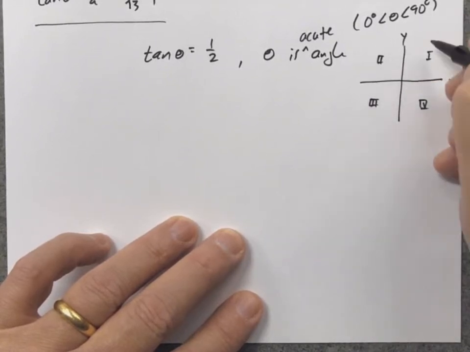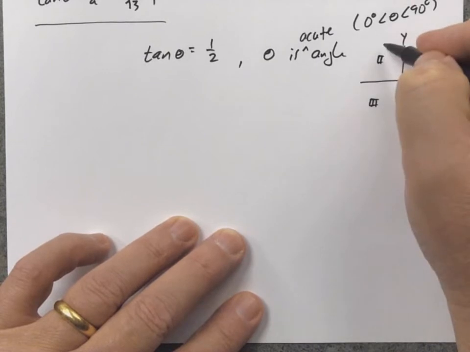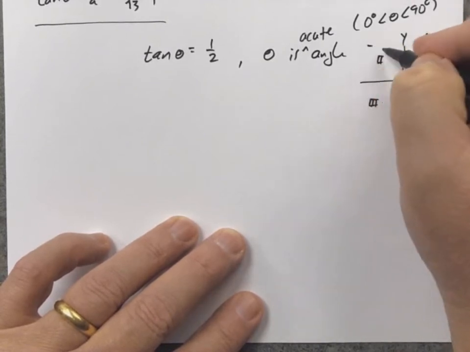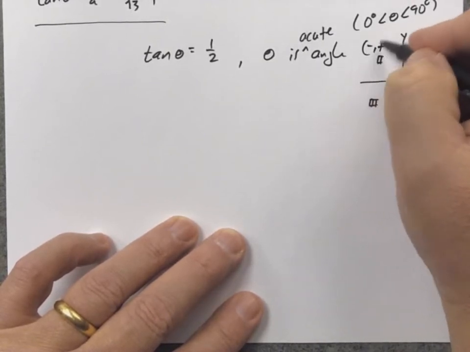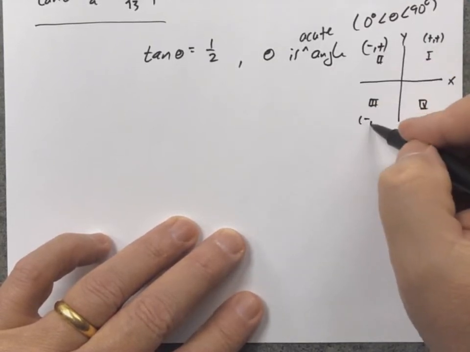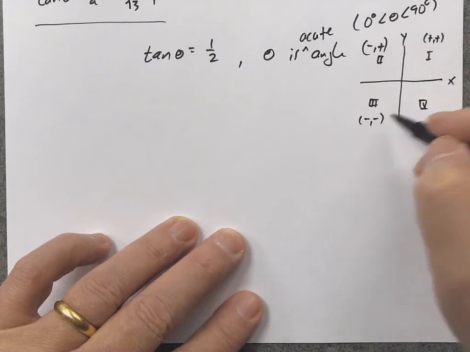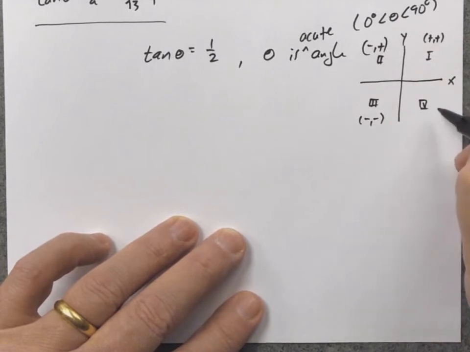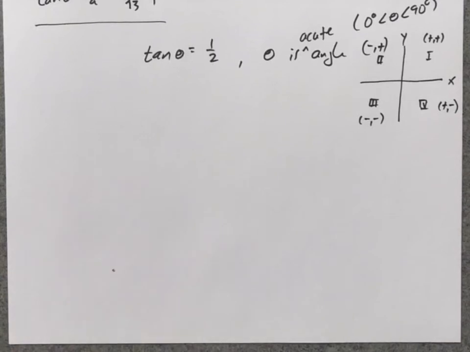So if x is first, in quadrant 1, x and y are both positive. In quadrant 2, x ends up being negative and y is positive, right? Because it's the negative x-axis. In quadrant 3, x and y are both negative. And in quadrant 4, x is positive and y is negative.